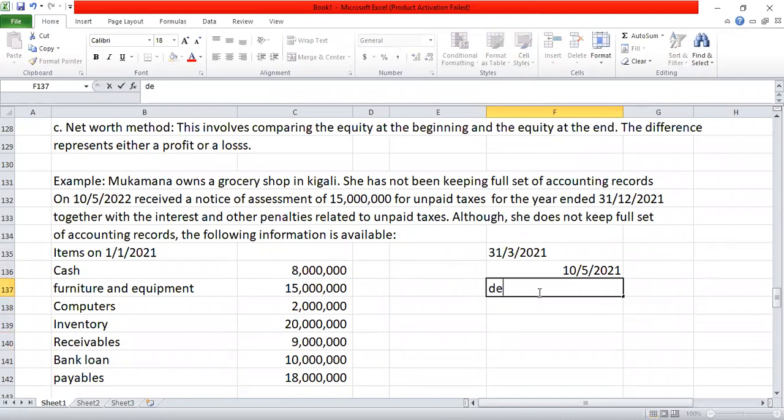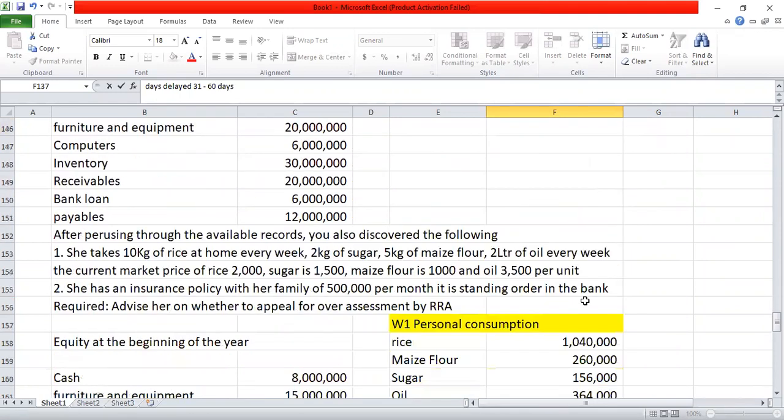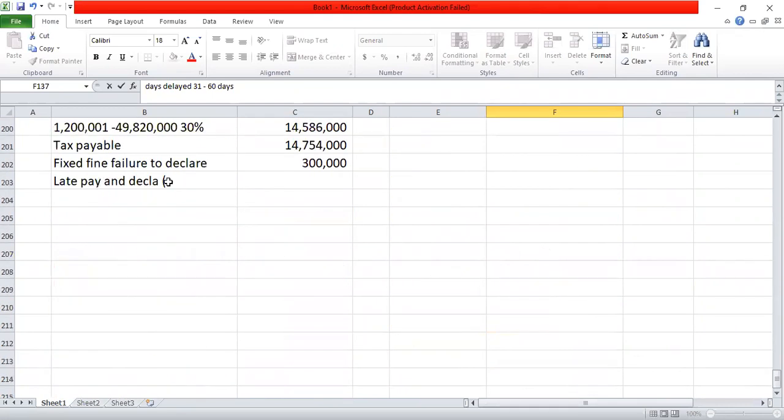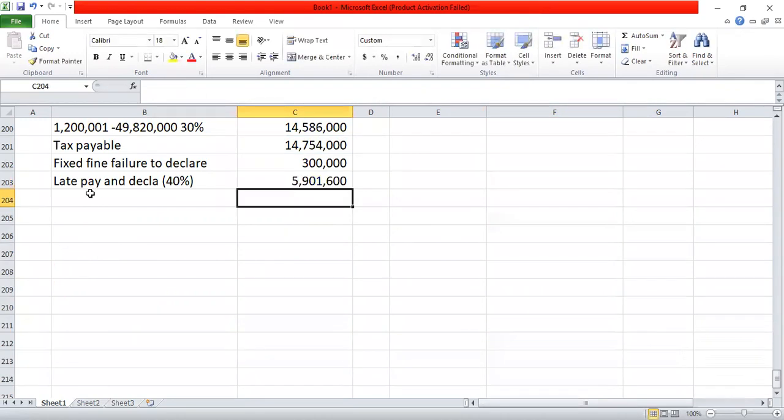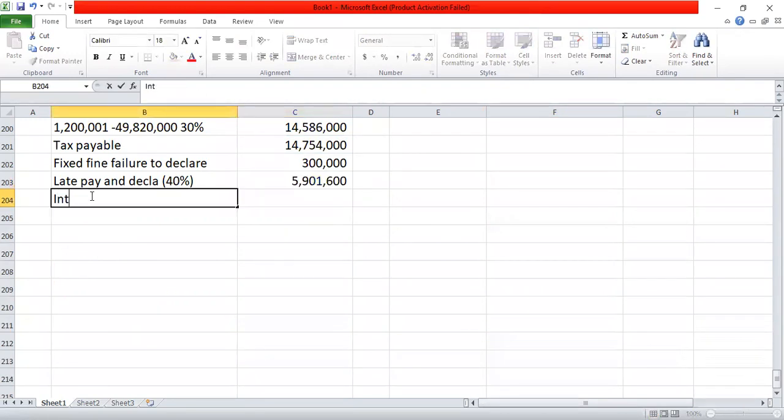The days delayed is between 31 to 60 days if you calculate those days. So it means the penalty will be 40% here. So we get the principal tax, which is this, times 40% penalty. Then we also have interest on late payment.